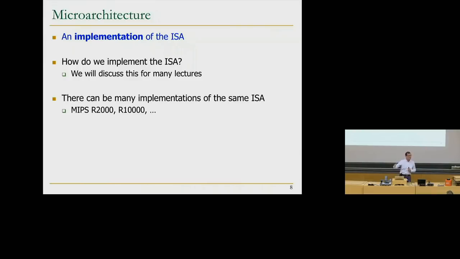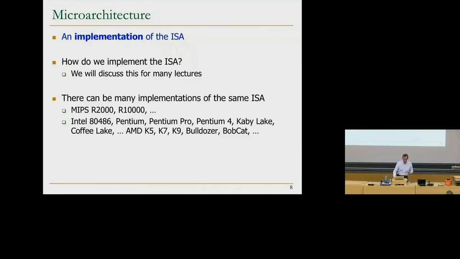But R10000 was a much higher performance version of it that was essentially implementing the same MIPS ISA, but it was doing things in a different way, executing instructions out of order such that it was providing much higher performance. For example, Intel and AMD have implementations of the x86 ISA, which is very popular. And there have been many, many implementations of it. I don't even list the 8086 over here, or the first Intel x86 processor.